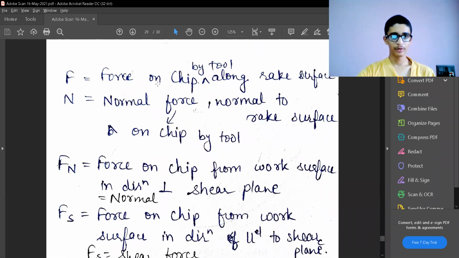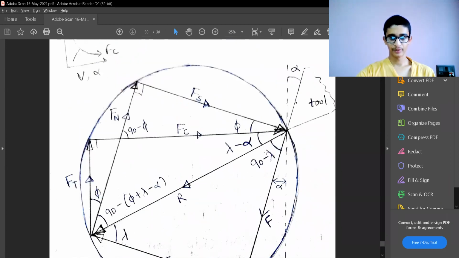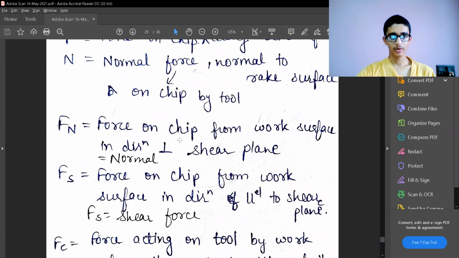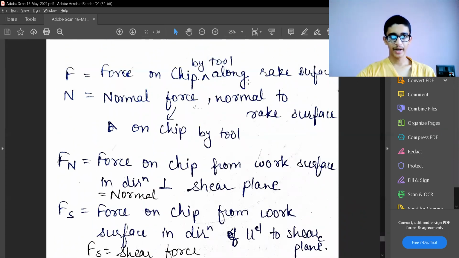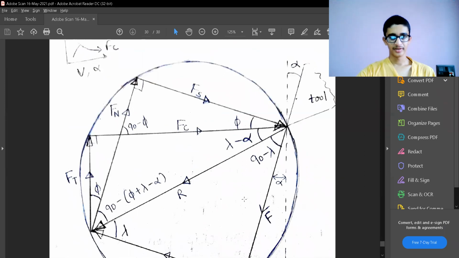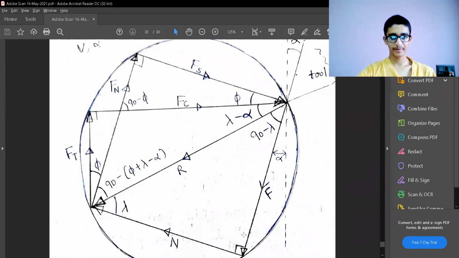F is the force on the chip by the tool along the rake surface. N is the normal force on the chip by the tool, and it is normal to that rake surface. So F and N are perpendicular.